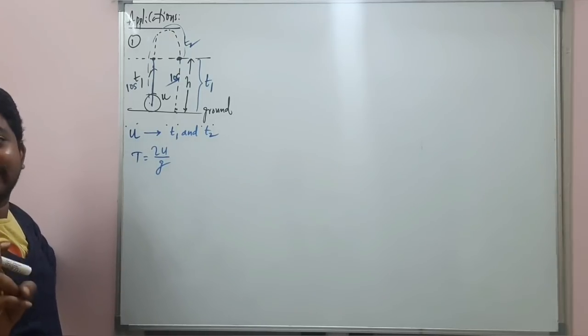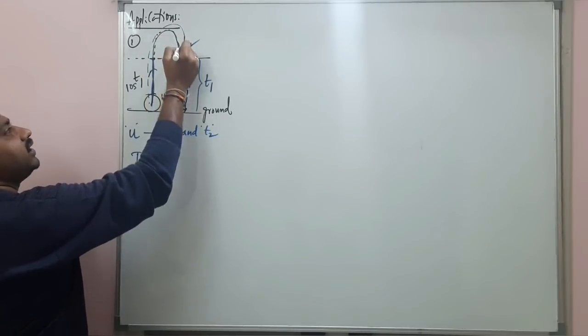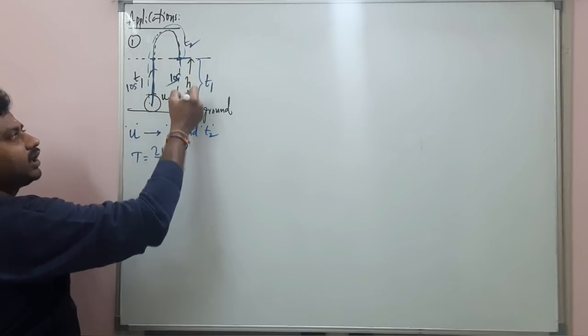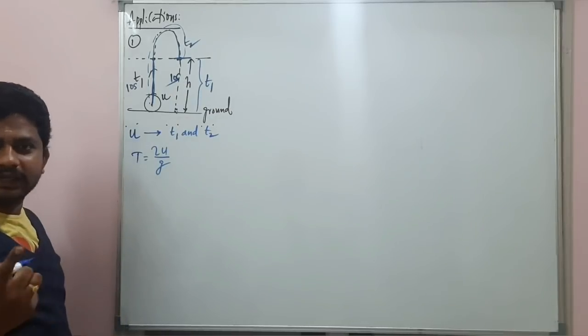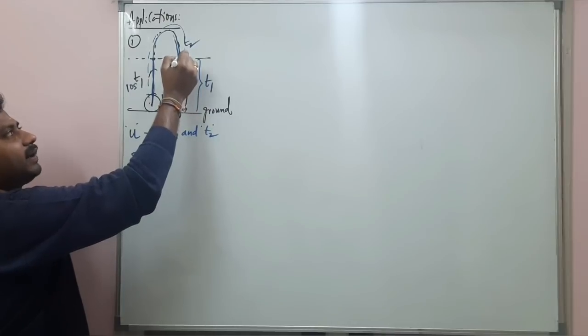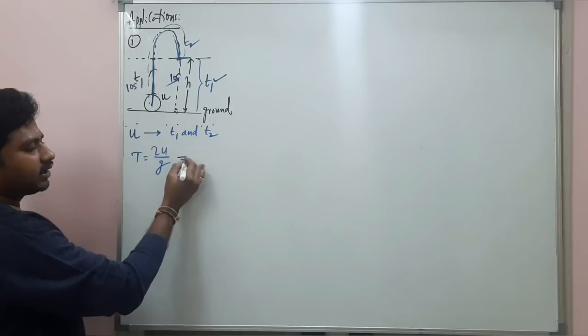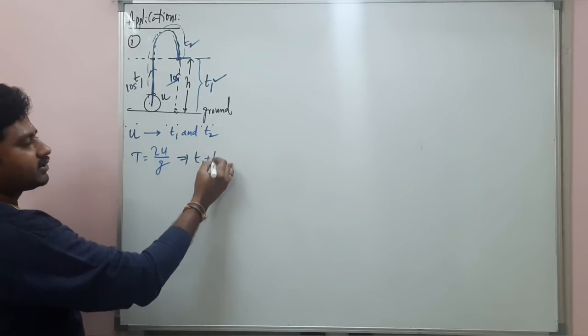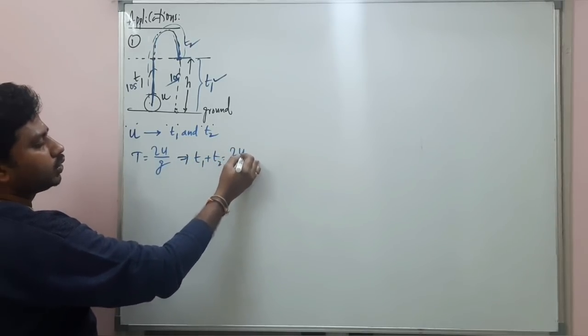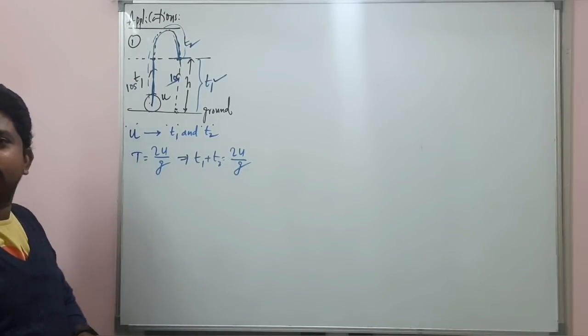Now, what is the total time taken by the body? From here to here it is t2, and the remaining height is covered in t1. So the total time is t1 plus t2, which is equal to 2u by g, my dear students. From here you can find the u value.